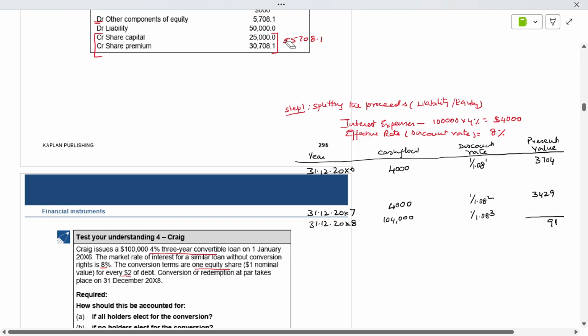No, this is not it. How much is there? 104. $82,558.